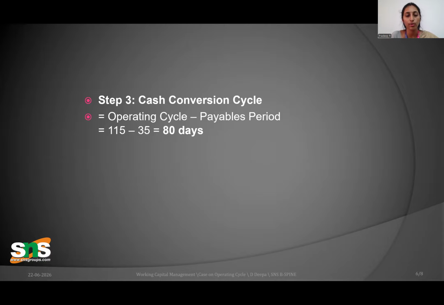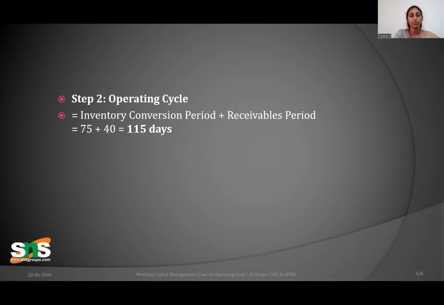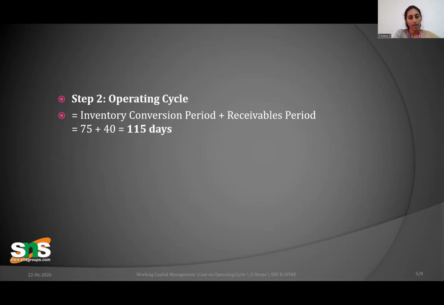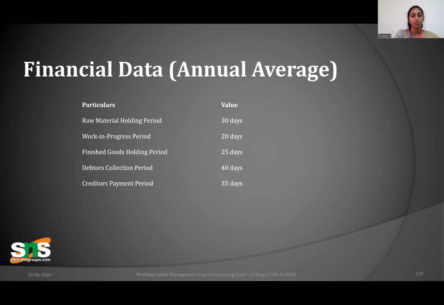The next calculation is the cash conversion cycle. The formula for cash conversion cycle is operating cycle minus payables period. The operating cycle is 115, which we just calculated, minus payables. Go to the data: the creditors payment period given there is 35.